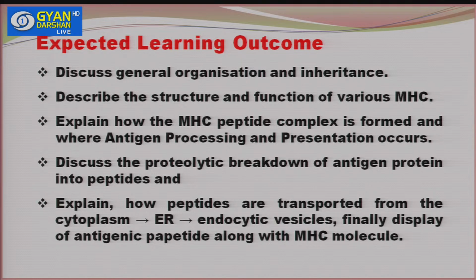Dear learner, my session is divided into two parts, part first and part second. In part first, we will discuss various things related to the MHC. Basically, MHC class first, second, and third, which are located on chromosome number 6, and we will discuss their haplotypes.